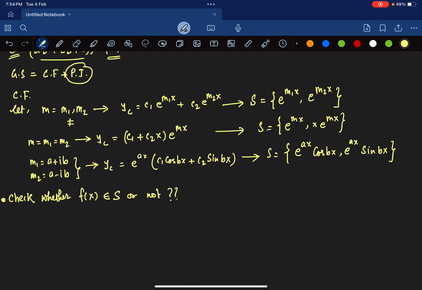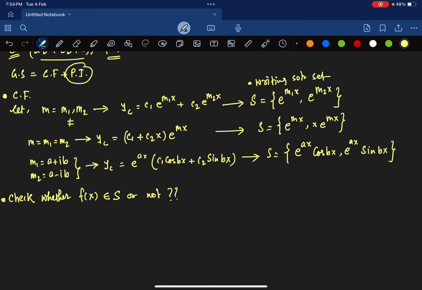So the first step is finding the complementary function, the next step is writing the solution set, and the third step is to check whether f(x) belongs to the solution set or not.